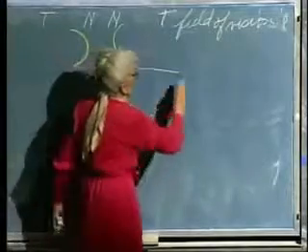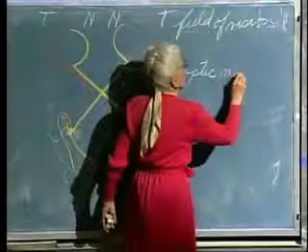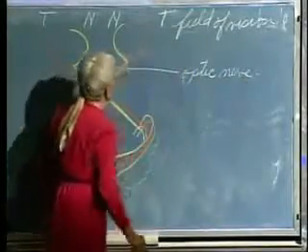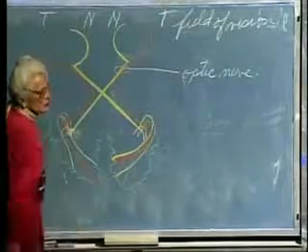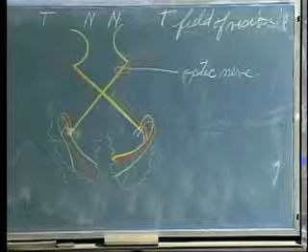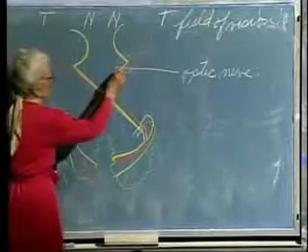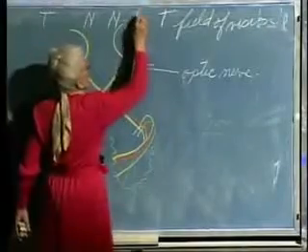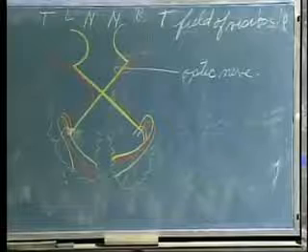The optic nerve. So if we cut the optic nerve, what are we going to see clinically? I've only cut it here. This is my right eye. This is my left eye. What are you going to see?